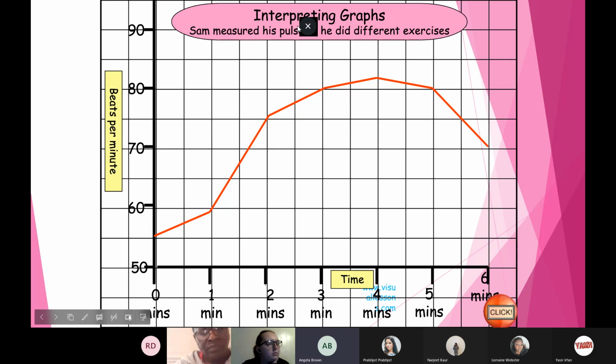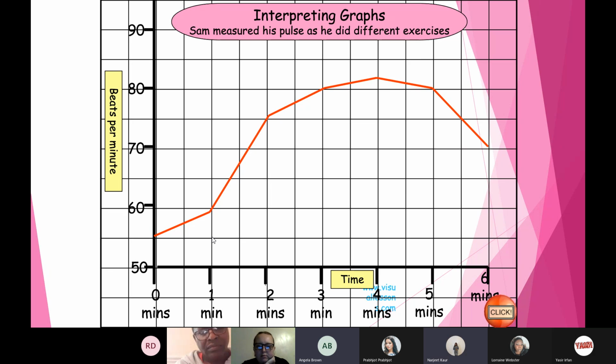Here's another way of interpreting graphs. So you can see that the graphs can be seen in different formats. This would be if you were in a hospital and they were checking your pulse and they had you doing different exercises, they would plot a graph to see how your pulse rate was affected by the different exercises that you did.